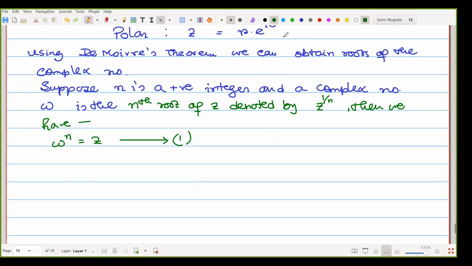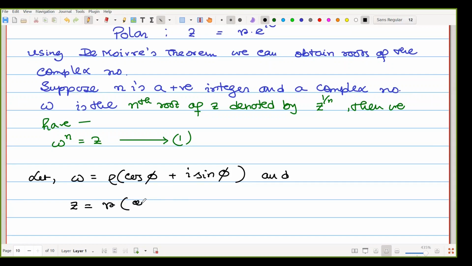Now, how can we find it? Let omega be equal to rho, that is rho, not p, times cos phi plus i sin phi, taking another type of angle, phi. And we have z equal to r times cos theta plus i sin theta.